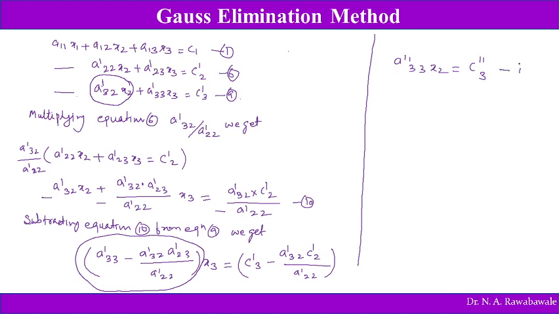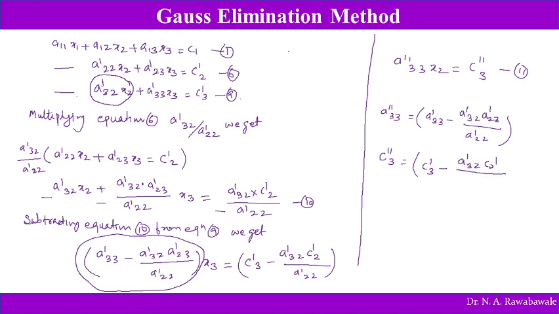We call this equation number 11, where a''33 is nothing but a'33 minus a'32 a'23 divided by a'22, and c''3 is equal to c'3 minus a'32 c'2 divided by a'22. So this is equation 11.